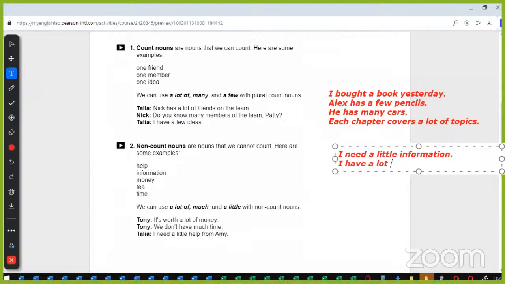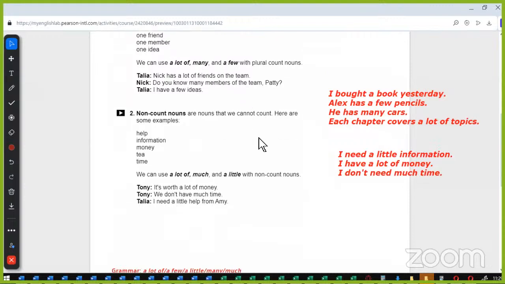I have a lot of money. I don't need much time. Okay, so it's worth a lot of money. I need a little help. We don't have much time. Are there any questions with one or two maybe? No, teacher. It's clear. Okay, great.